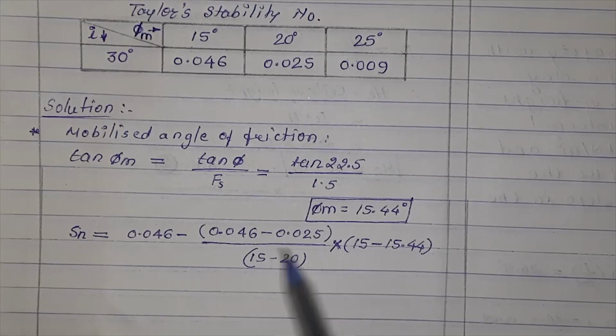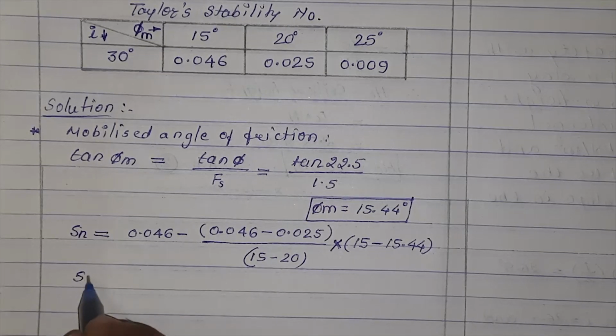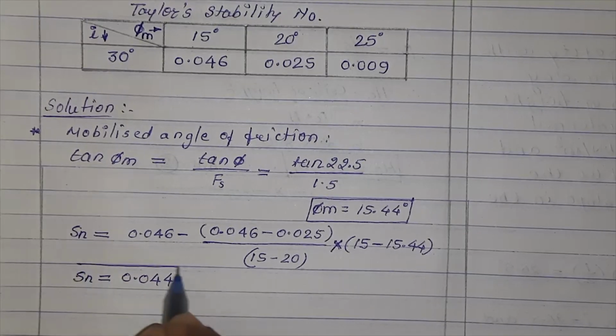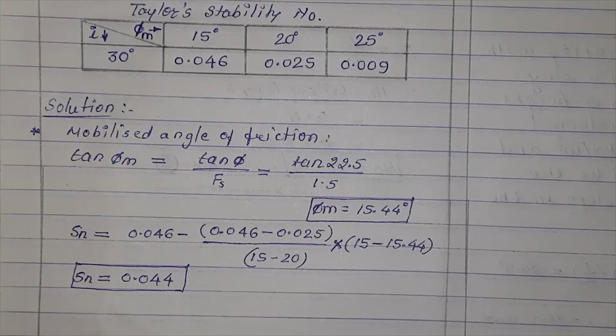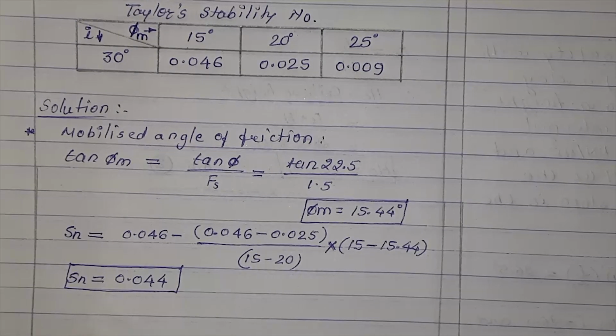Solving this, we will get value of Sn. Thus, Sn comes out to be 0.044. This way, through interpolation, we can find out Taylor stability number.